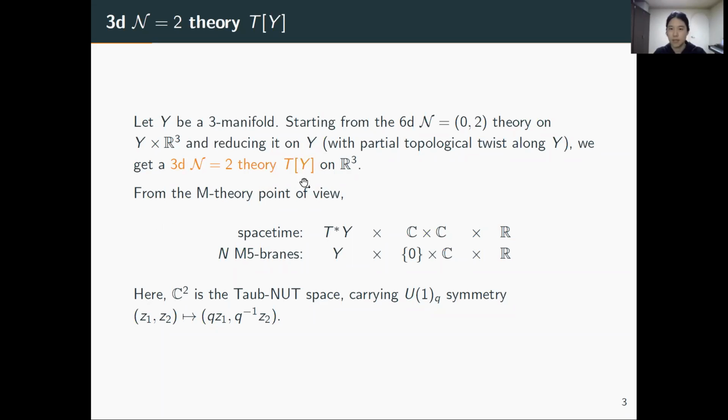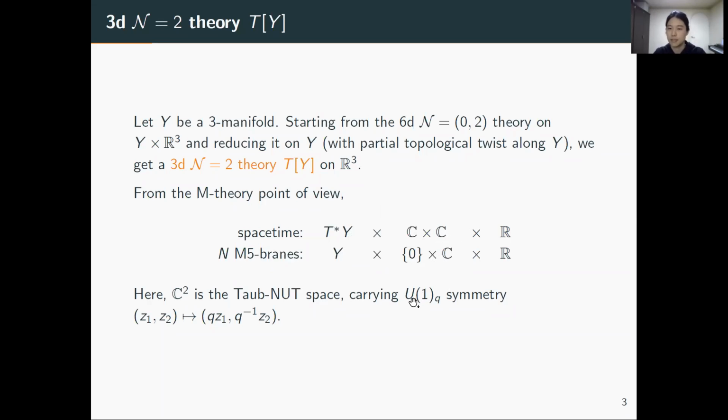From the M-theory point of view, it is the same as thinking of a system where the space-time is the cotangent bundle of Y times C times R, with N M5 branes wrapping the zero section Y times the origin times C times R. And here, C squared is the Taub-NUT space, which is a circle fibration over R^3.